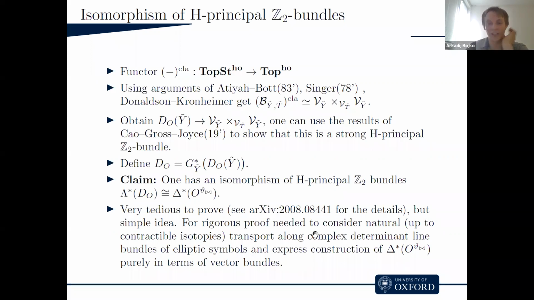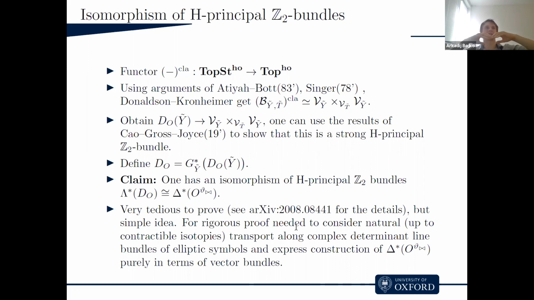So the rigorous proof, let me just say two words about it so that I don't talk about it more. The rigorous proof relies on developing a generalization of these excision principles for complex determinant line bundles, and having natural, up to a contractible choice of isotopies, isomorphisms. And then one has to express this algebraic construction where I was restricting to something living on a codimension 1 submanifold.